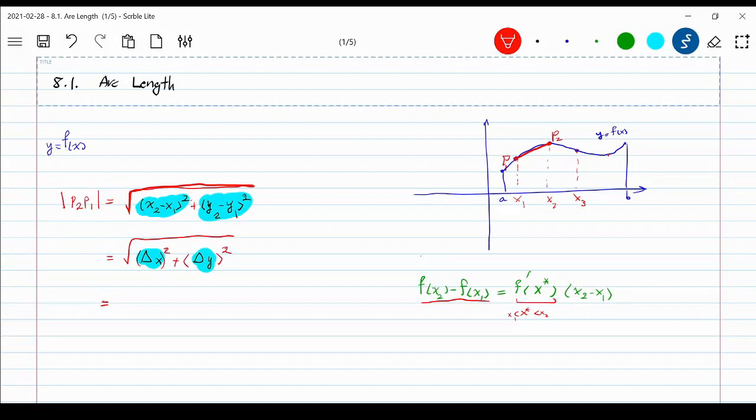So y2 minus y1 equals the derivative at some point in between times x2 minus x1.